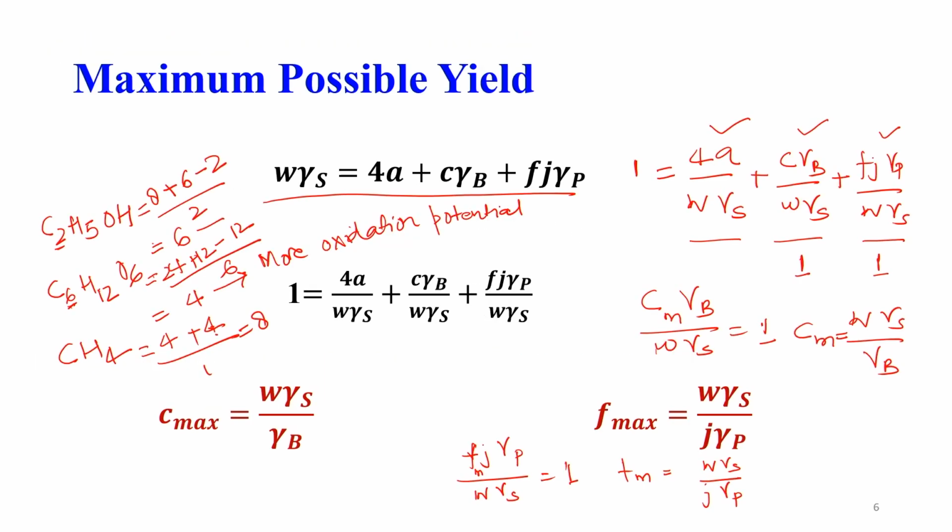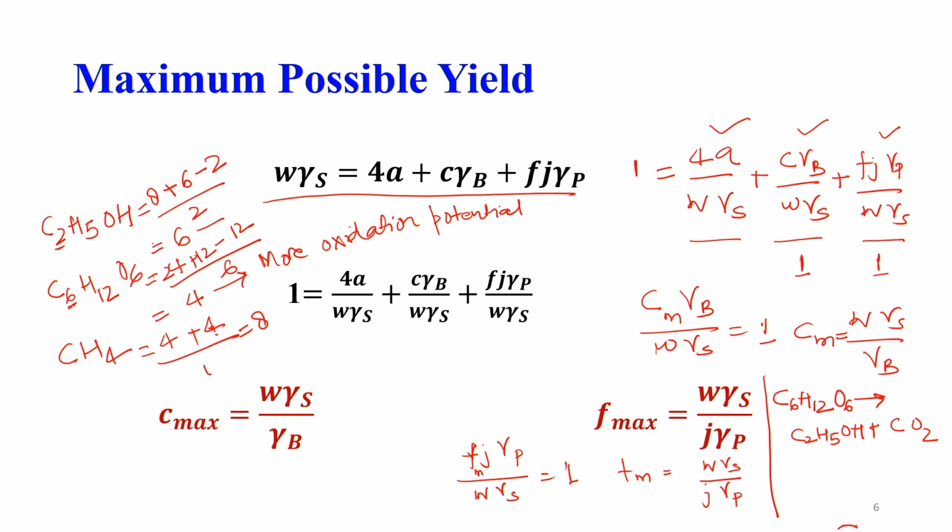Before we proceed to the chemical oxygen demand, let us do one more small exercise. You should be able to calculate F max using this equation. We know glucose, C6H12O6, is converted to ethanol, C2H5OH, plus CO2.